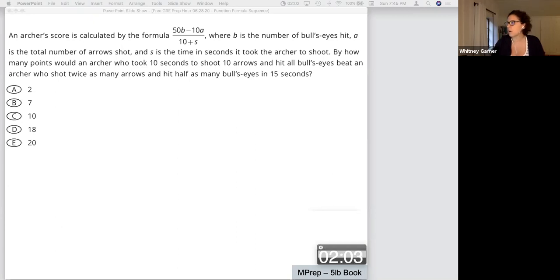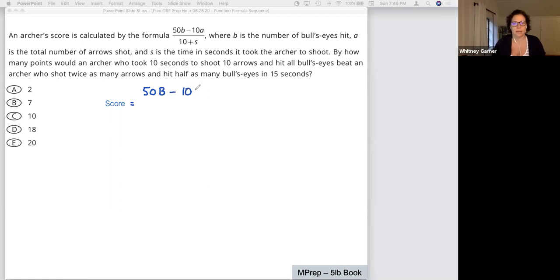All right. So much information. But what I know is they say an archer's score is calculated by this formula. And so I'm going to write that on my paper. I'm going to be like, okay, the score is equal to 50B minus 10A over 10 plus S. And I write my B's as capital letters, even if they give them to me in lowercase, because otherwise they start to look like numbers.